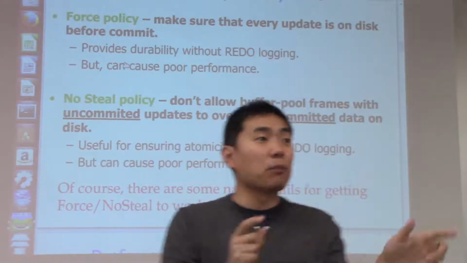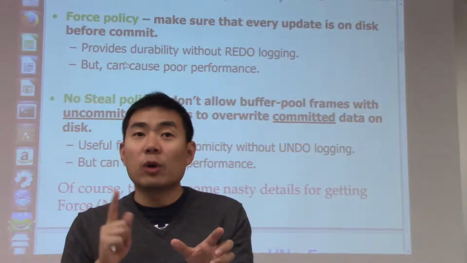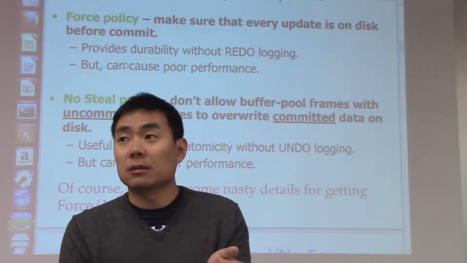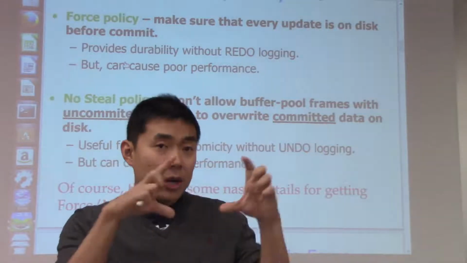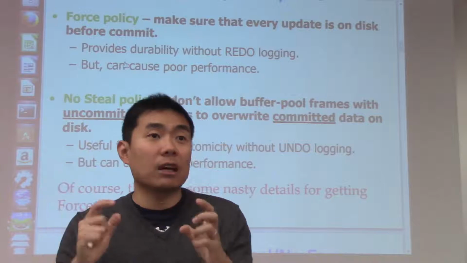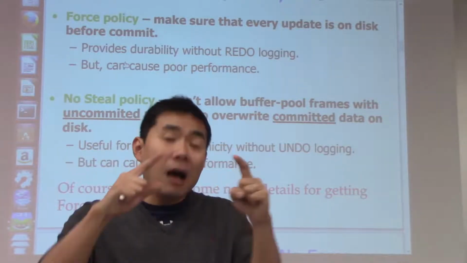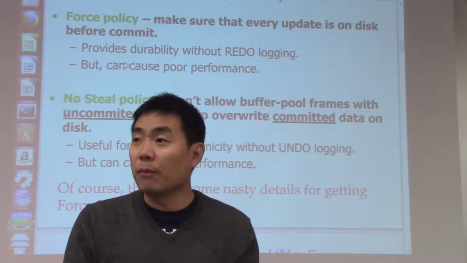If the transaction aborts, do you have to worry about anything? Well, all you need to do is mark this page as not dirty. Then you're done. Because if you're using a no steal policy, none of the changes made by an uncommitted transaction has made its way back to disk.